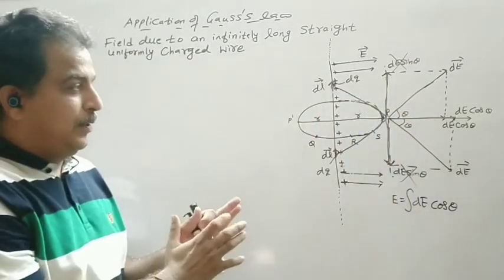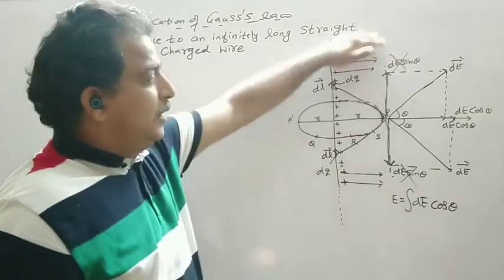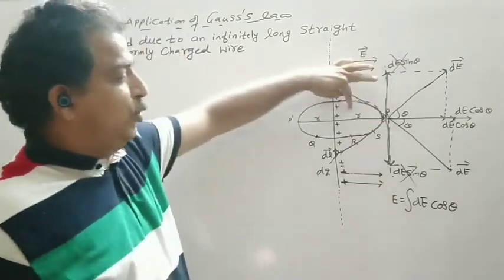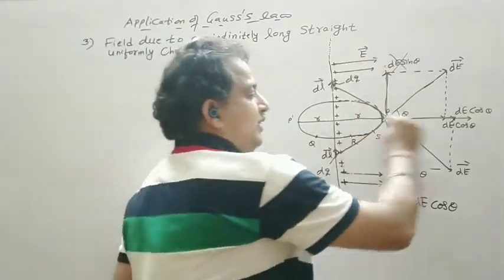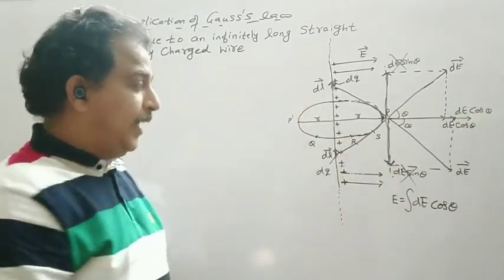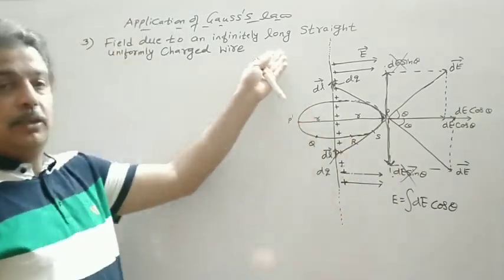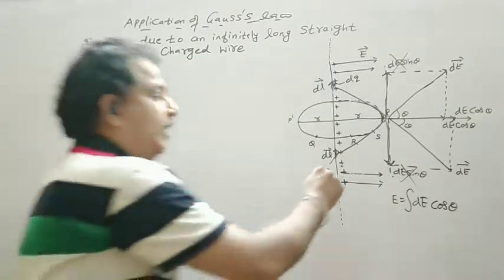Now this shows that the sin component cancels, or this is a component which is perpendicular to the radius vector. Only the component which is along the radius vector will contribute to the electric field, and hence for such a geometry, a straight wire, the electric field lines are radially outward.